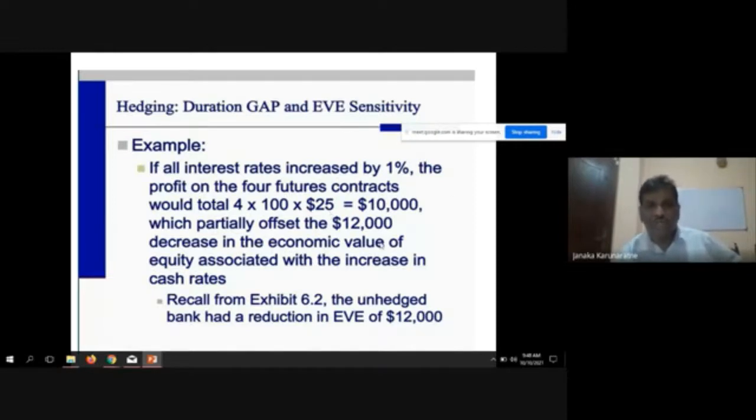So you end up with $10,000, which partially offsets your loss of 12,000. We will work out a question later, giving a full picture about the different interest rates, but just for your knowledge, this is how it can take place in a futures market.